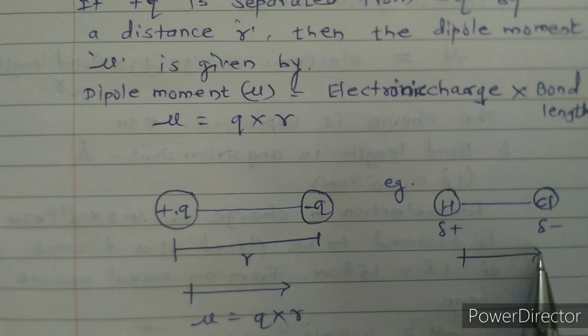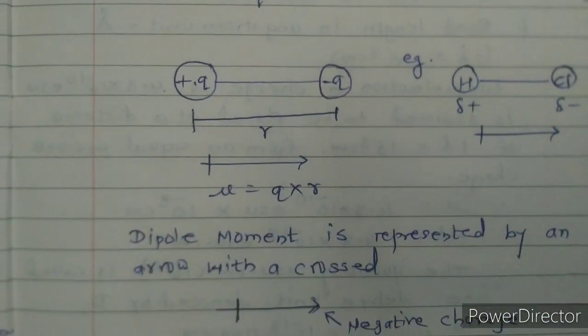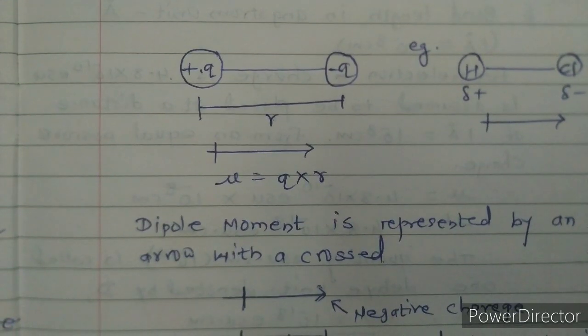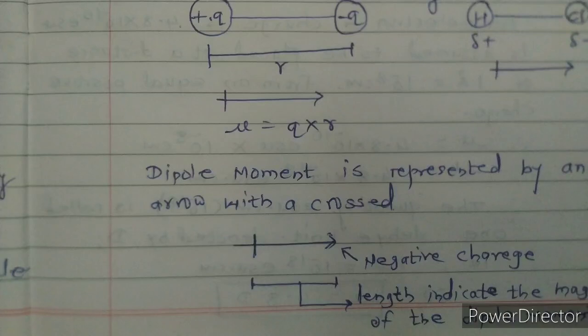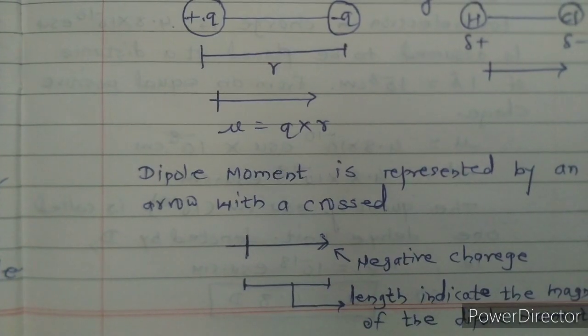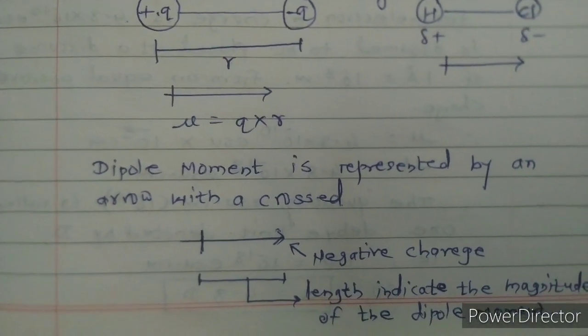The head of the arrow is towards chlorine, the negatively charged atom. So dipole moment is represented by an arrow with a cross, and the head of the arrow is towards the negatively charged atom, and the length of this arrow indicates the magnitude of the dipole moment.